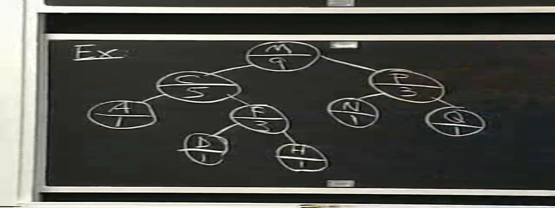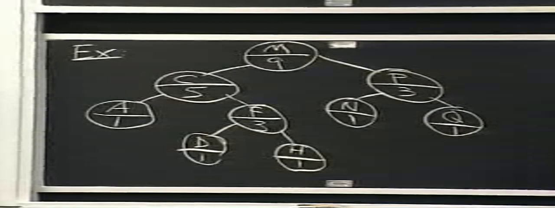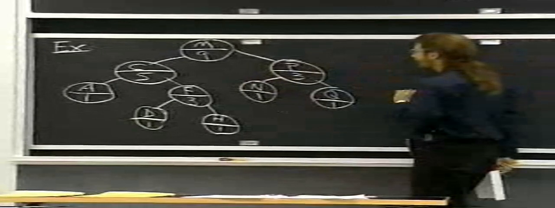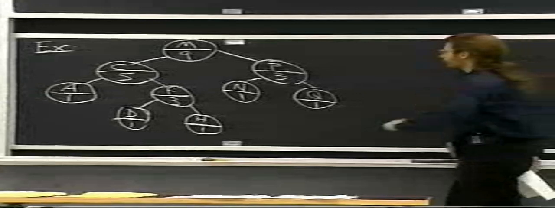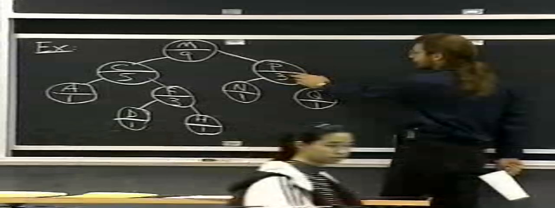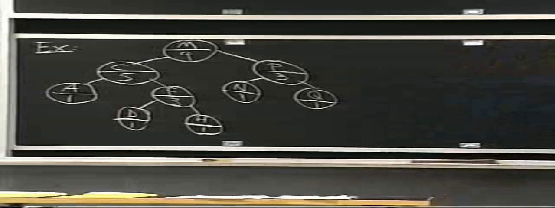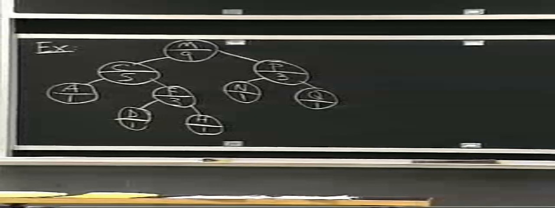I won't bother coloring the nodes red and black, but think of this as a red-black tree. And my set of keys here is the letters in the Latin alphabet. And you know the sorted order of the alphabet, I'm sure. But just so we can distinguish what's a subtree size and what's a key, I'll use different universes for them. And the invariant that we have here, I'll write it back on this board.